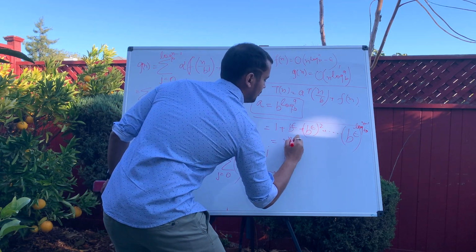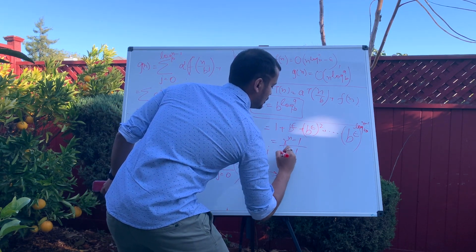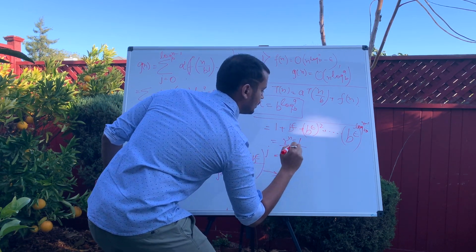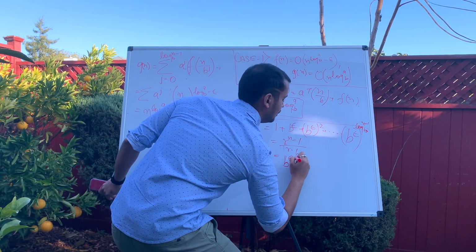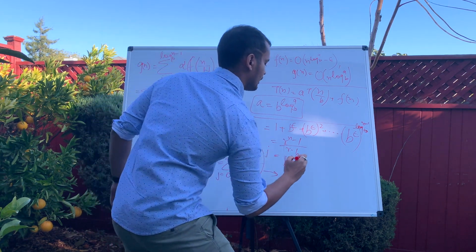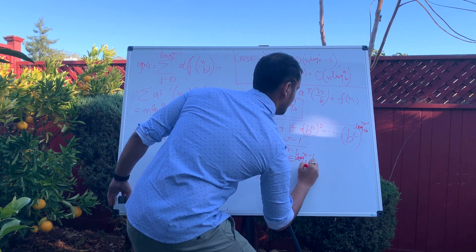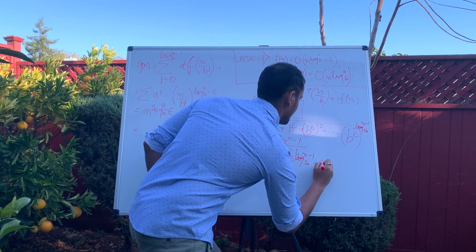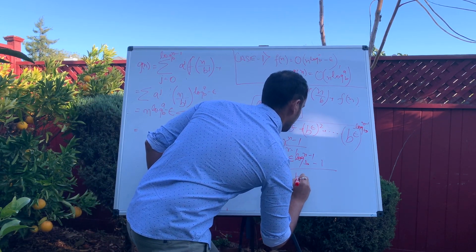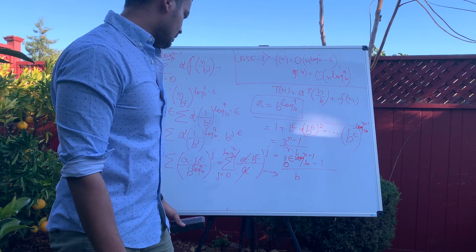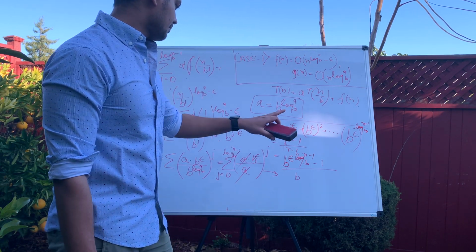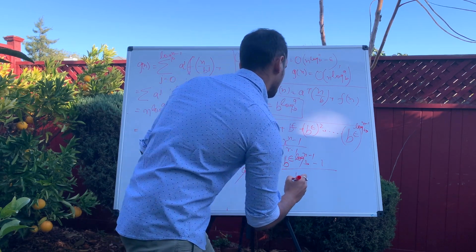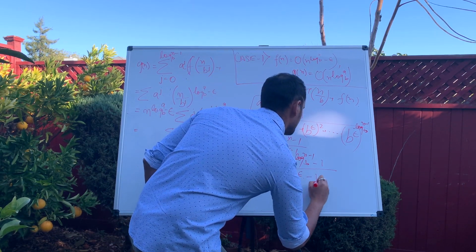Let me just write the formula real quick. Here r is b power e, n is log n base b minus 1, and then this side is subtracted by b^e minus 1.